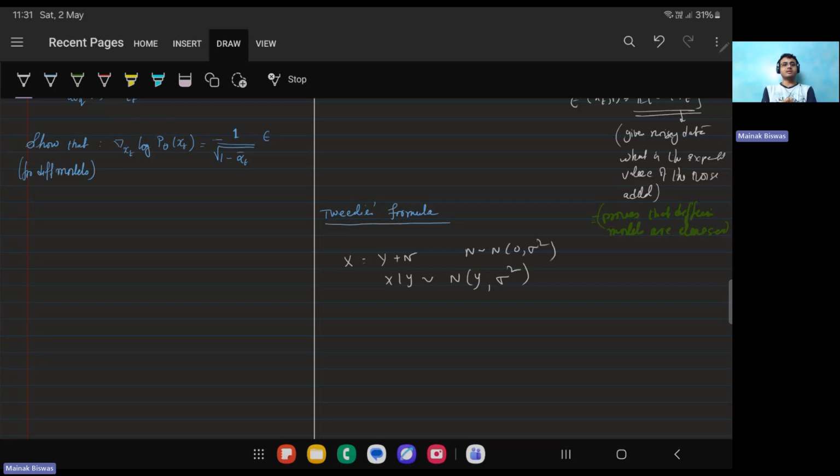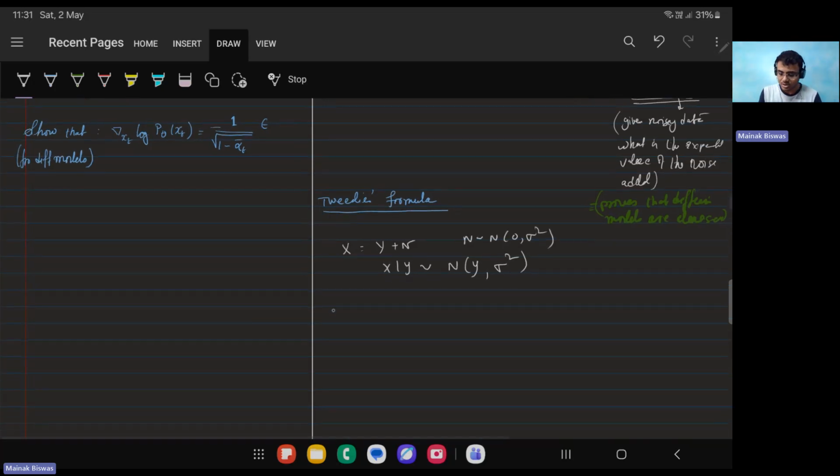Now let us look at how we can find out the expected value of x first. Now the distribution of x, say p of x, right? The p of x can be written as the integral of p of x given y, p of y dy.